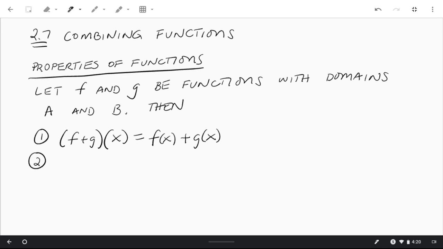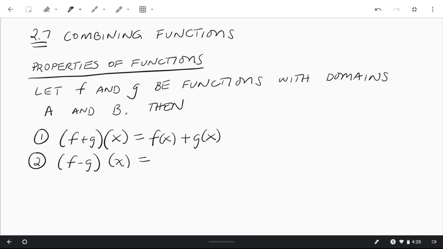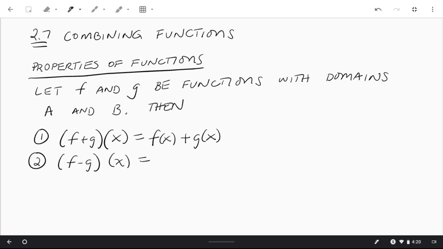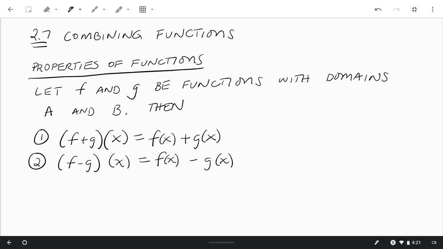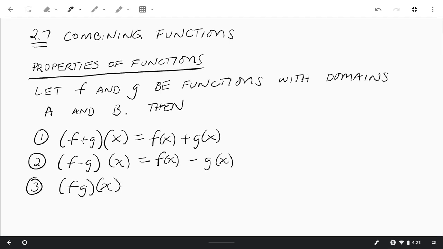Same thing with subtraction of functions. You could subtract the functions and then evaluate, or evaluate each one first and then subtract the results. Okay. Same thing with multiplication. You could multiply the two functions and then evaluate, or you can evaluate first and then multiply the results.